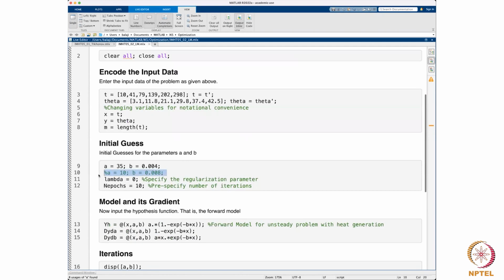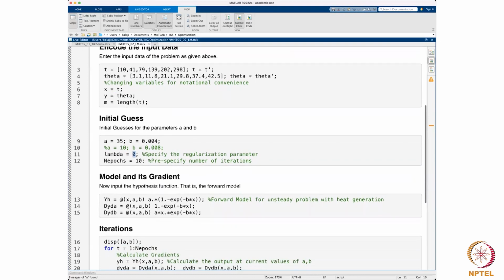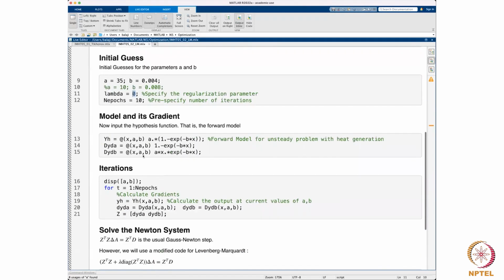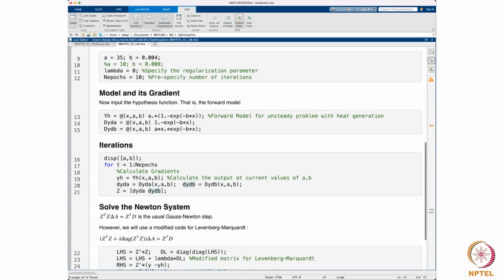So I have commented out the new guesses that we made the last time. And again, I have set lambda equal to 0. This is generally a good programming practice just to ensure that you're getting the right values, at least for the same old cases. And same model, same gradient, and same initial step of calculating the model and then proceeding further.